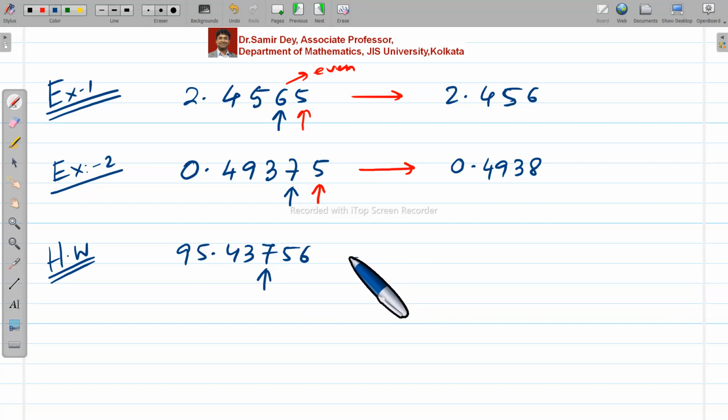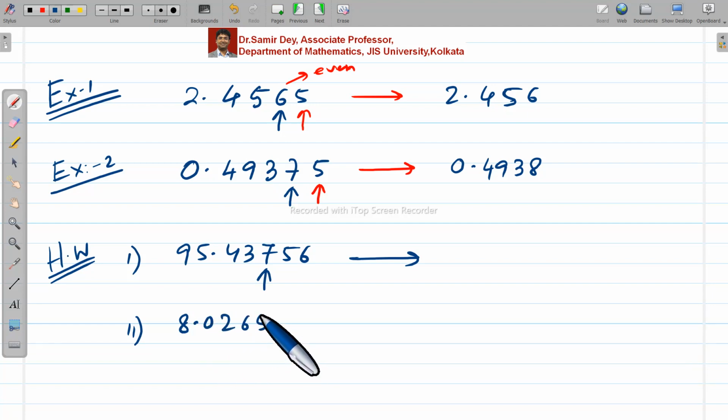Then you have to send me the answer. Another example, number 2: 8.02658.